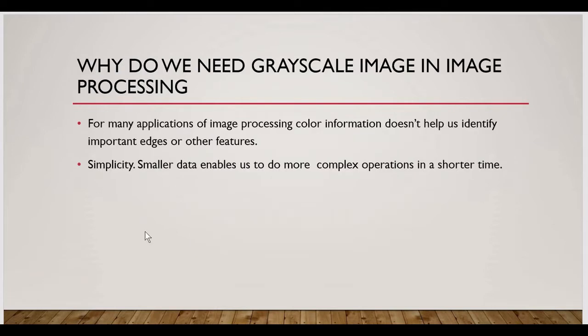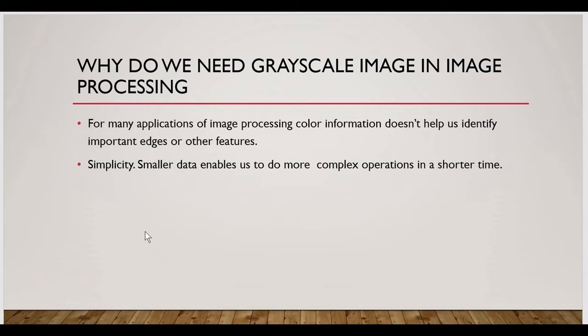So why do we need a grayscale image in image processing? In image processing, we need grayscale images for mainly two reasons. First, in image processing, we don't require a color image all the time. If we use a color image, then we need to work on larger data. So for simplicity, we convert it to grayscale so that we can reduce the complexity of our program.